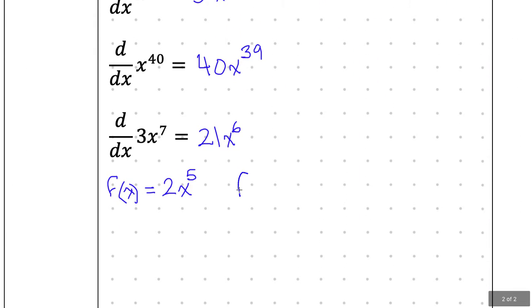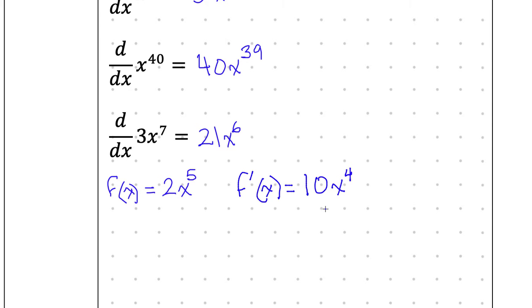I say f prime of x, the derivative, therefore, is equal to... You can say it now, Claire. 10x to the 4th. Good. So, I read this as f prime of x is 10x to the power of 4.